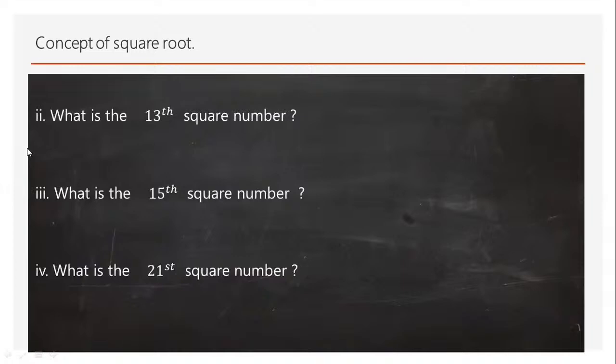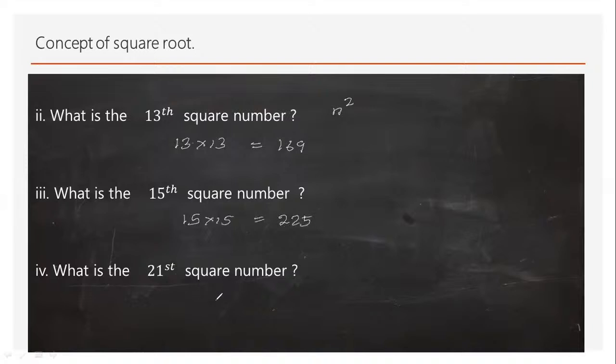What is the 13th square number? Then how can we find the 13th square number? 13 into 13. Our general formula is n squared, no? It means 13 squared, 169. The 15th square number: in our general formula, 15 into 15, how much here? 225.